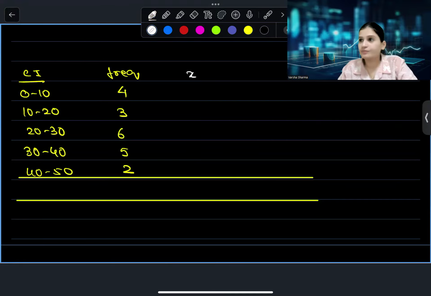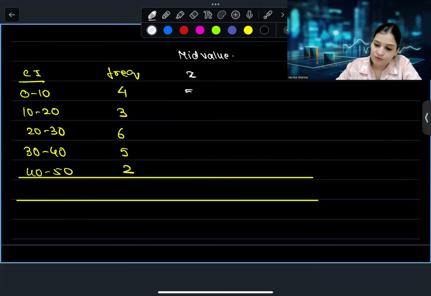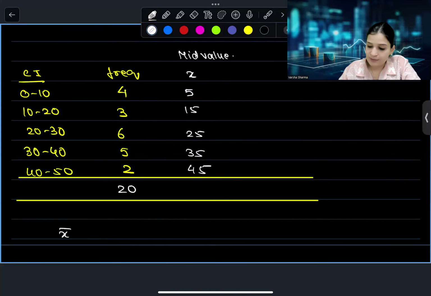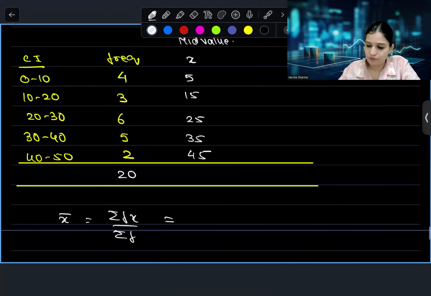X will be the mid value: 5, 15, 25, 35, 45. Sum of frequency is 20. First, tell me what is the mean.